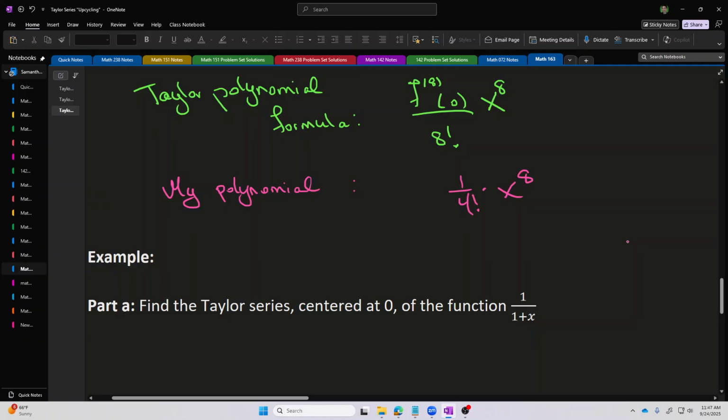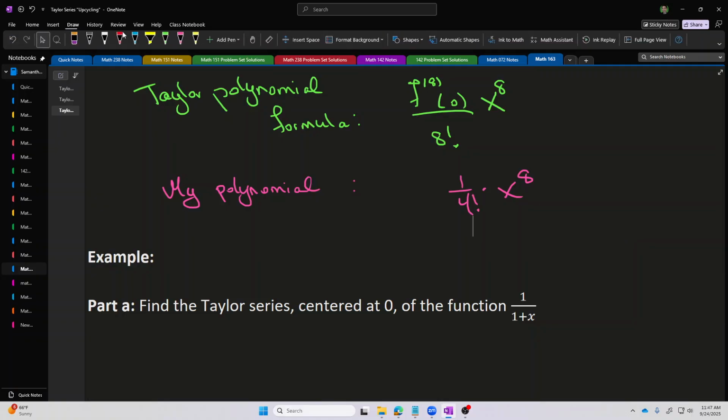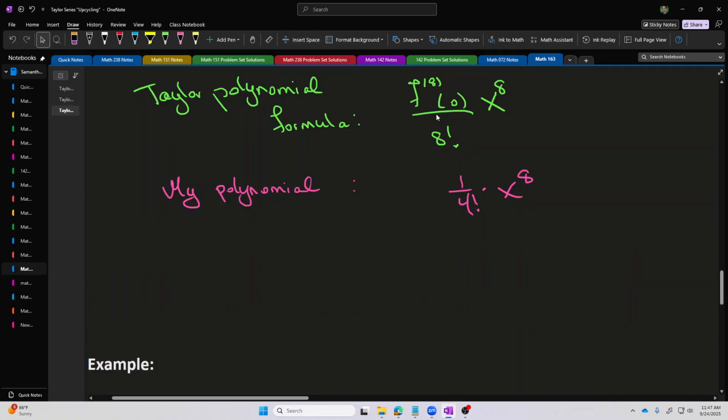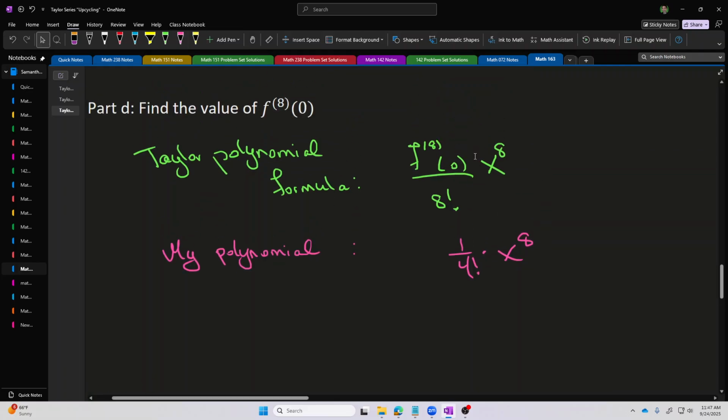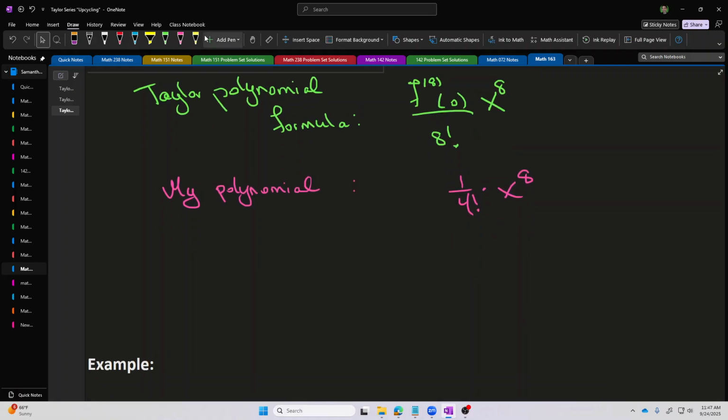So just by comparing those two, you can deduce the value that the 8th derivative of f must be equal to. These two are the same coefficient, so they must have exactly the same value. In other words, they have to be equal to each other.